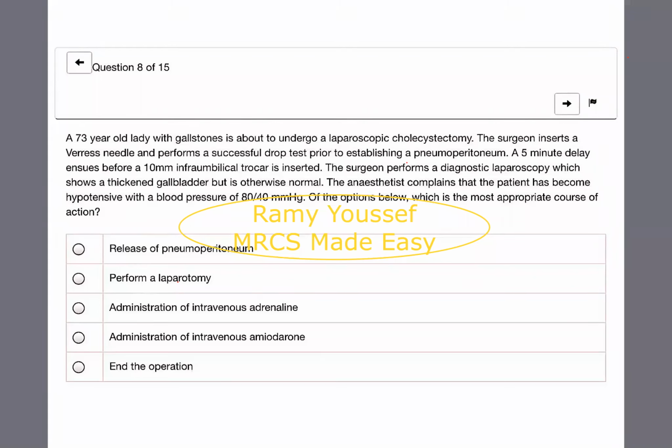Compartment syndrome of the abdomen, because there is excess air that causes the low blood pressure. Exactly, decrease in venous return. Increased intra-abdominal pressure decreases the venous return, abolishing the negative intra-abdominal pressure that helps the venous return.